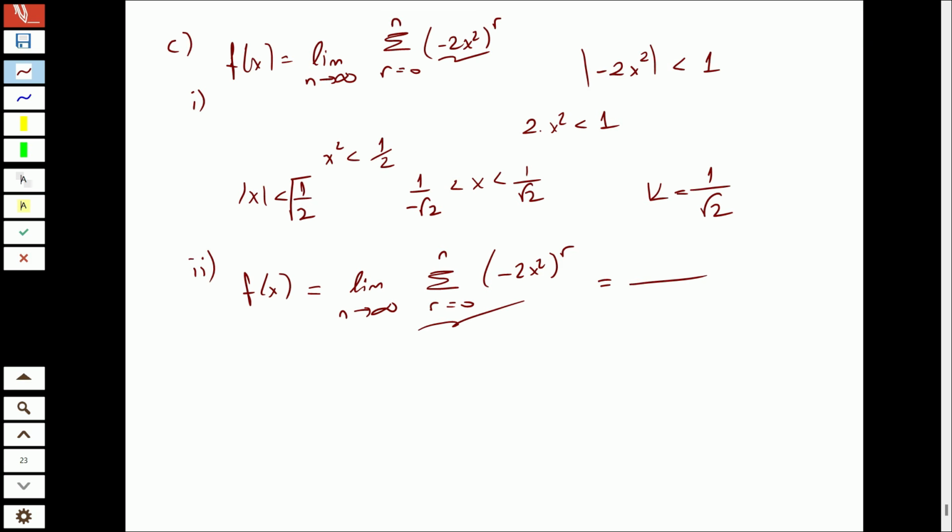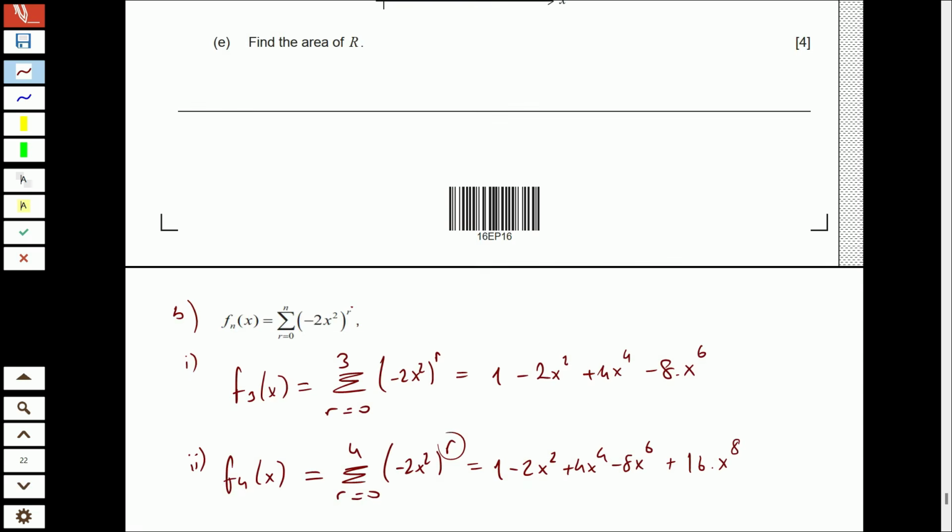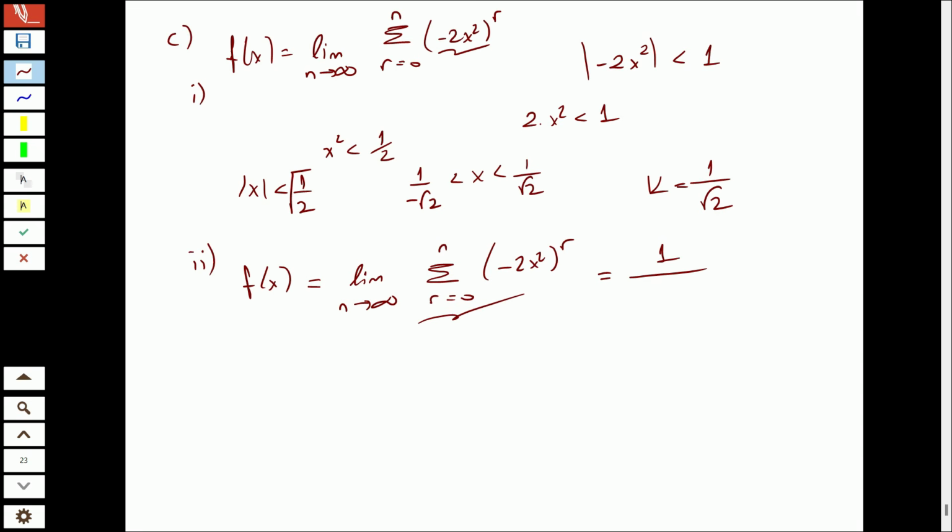It is 1, which is the first term that we found at the previous question, over 1 minus the common ratio, which is minus 2x squared. And we can say 1 is the first term. Yeah, first term is 1, right? So I can write like this, and f of x equals 1 over 1 plus 2x squared.